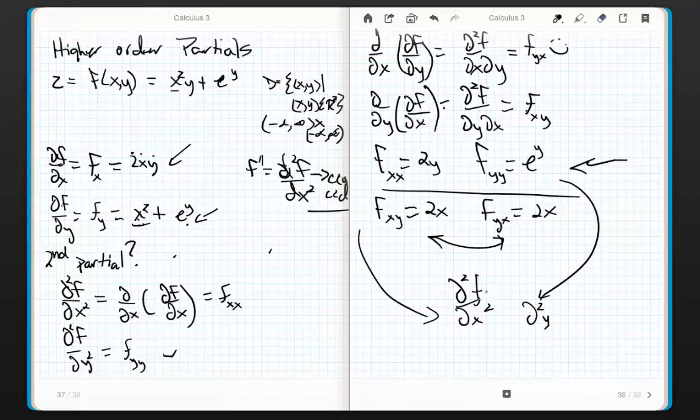I've been teaching math a long time, and you do have to pay attention to what you say and what you write, because they mean different things in different contexts, right? They tell us the concavity of the curve in a fixed plane, in this case in a fixed plane of y, and this guy tells me the concavity of a curve in the fixed plane at x. It works exactly the same as second derivatives. It's just a little more confusing notationally speaking, and you have to pay attention to more variables at once.